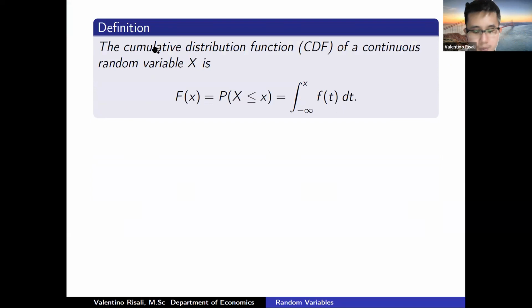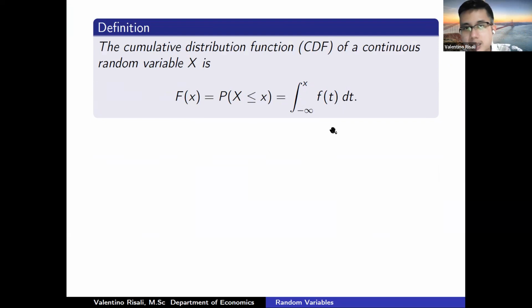Similar with the discrete case, we also have the definition of the cumulative distribution function, or CDF. In continuous case, that is the function big F, which measures the probability of x less than or equal to little x.